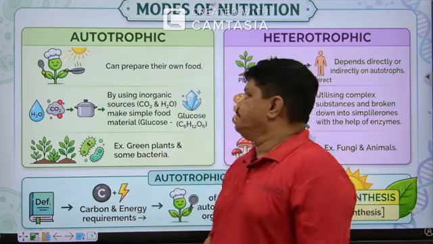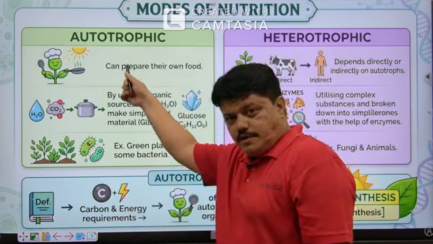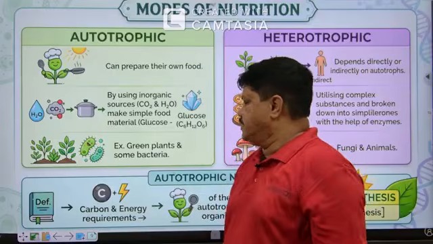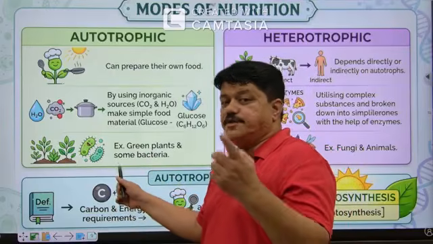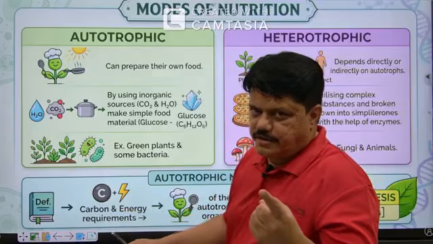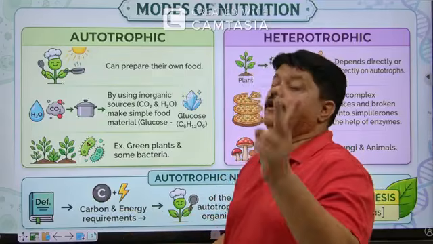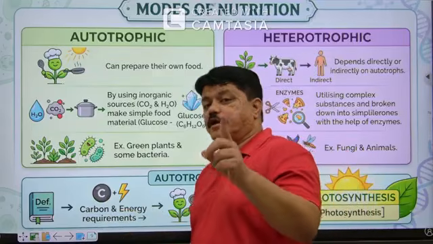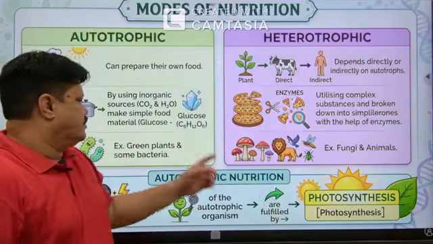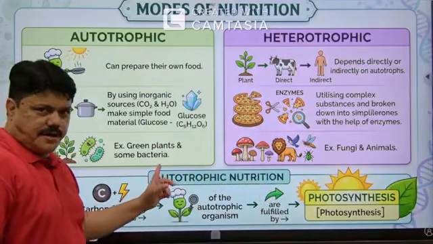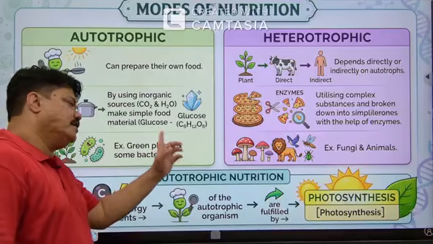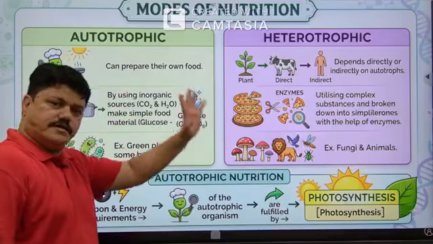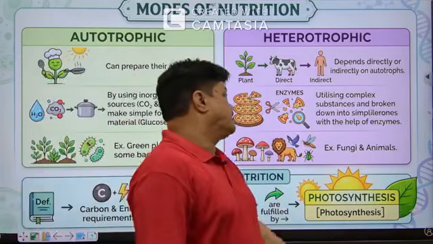And the third one is simple. For autotrophic, you can give two examples like green plants and some bacteria. Which bacteria? They might be photosynthetic or chemosynthetic, but both can prepare their own food. So green plants and some bacteria, not all bacteria, some bacteria can be considered as autotrophic organisms.